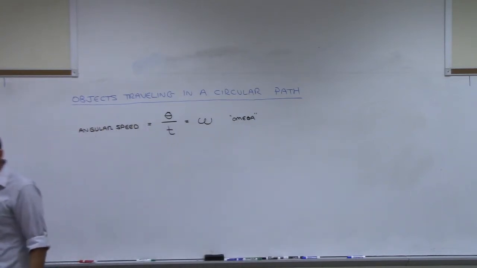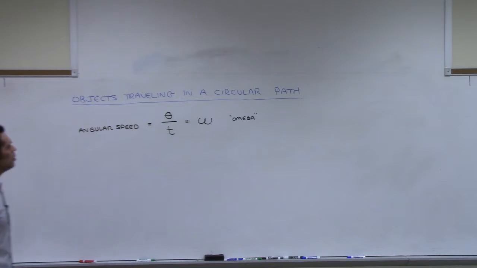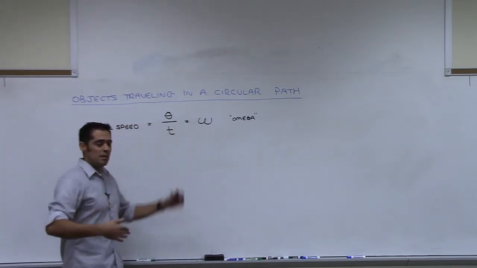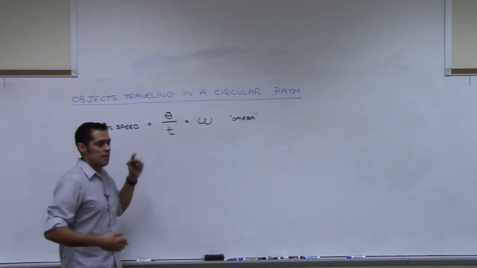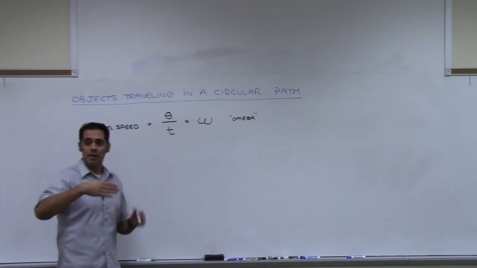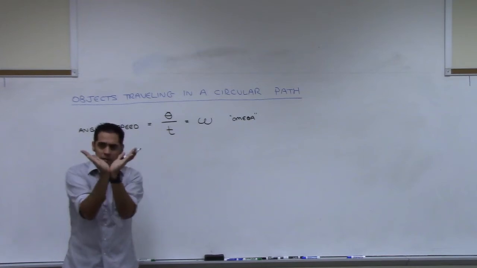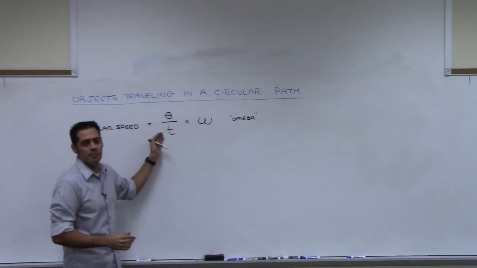It almost looks kind of like a W. So if you look at velocity, it was distance over time, right? Angular speed is not distance over time, but angular measurement, which is almost like a distance, but it's an angle measurement divided by the time.